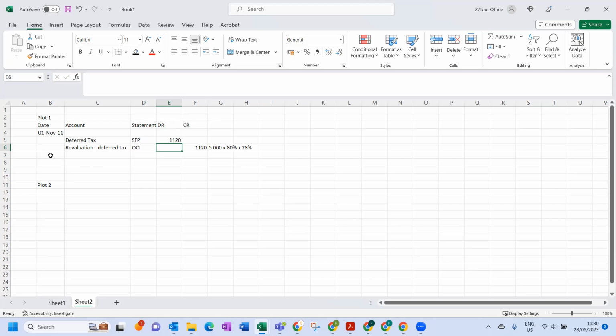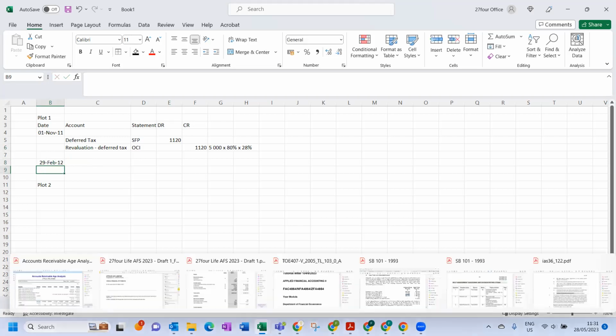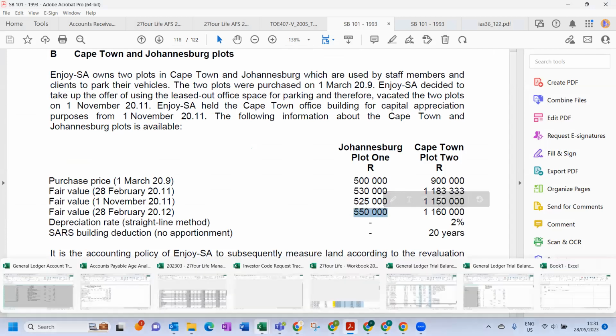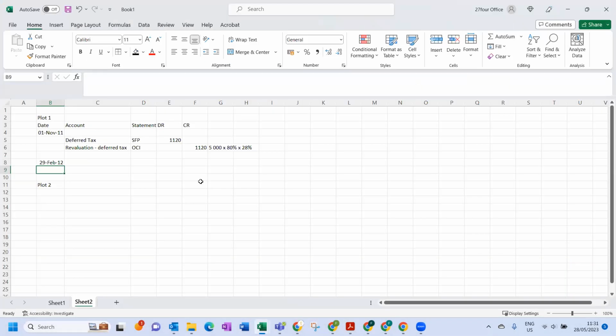So at year end, 29 February 2012, there will be a fair value adjustment. If you look at the question, the fair value is going from 525 up to 550. So therefore it's an increase. We're going to make a fair value gain in P&L, and we debit investment property 25,000 Rand.